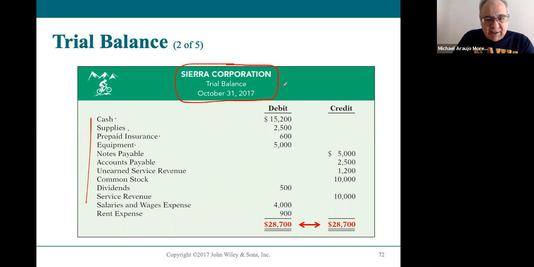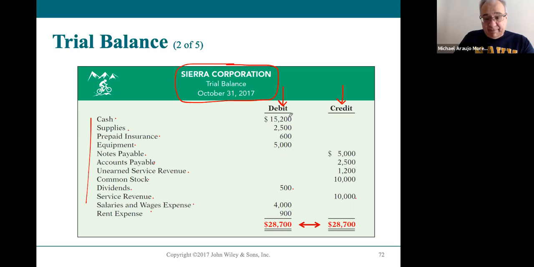They have debit balances, so you put those balances in the debit column. The liability accounts and common stock have credit balances, so you'd put those balances in the credit column.